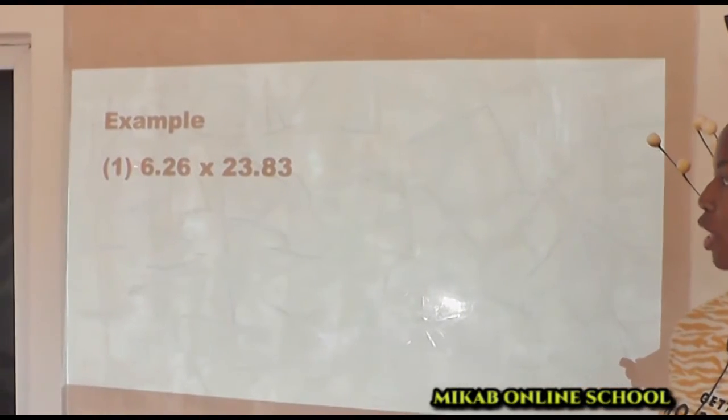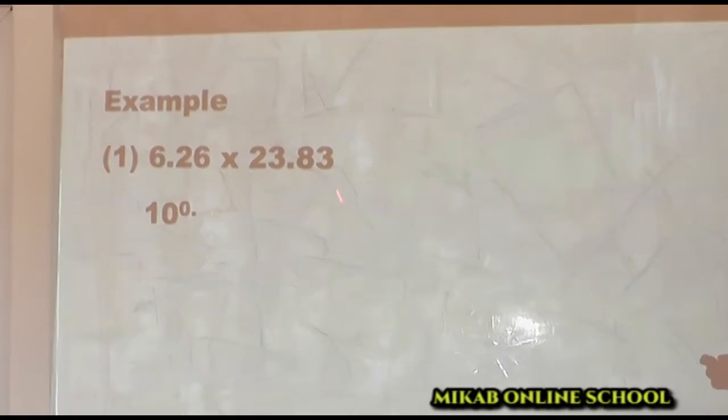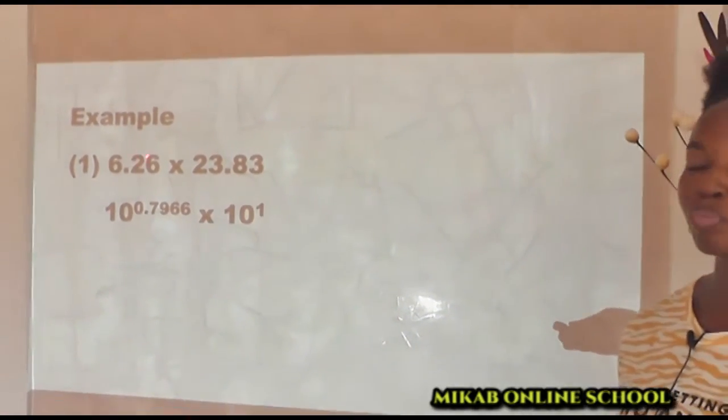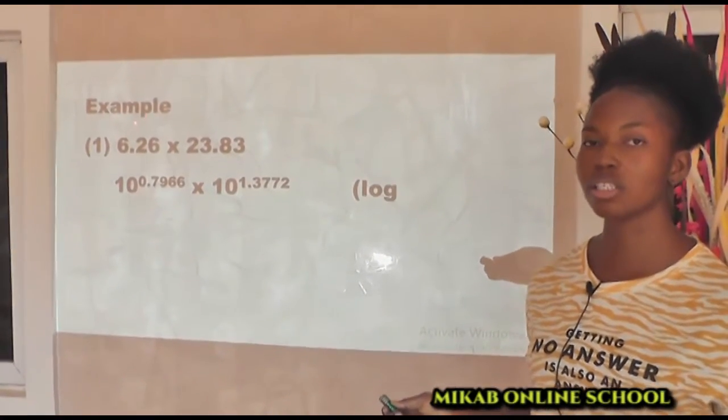We are to multiply 6.26 by 23.83. Now, in multiplying this, we will all recall that in our previous class we said we are dealing with common logarithm that has the base 10.